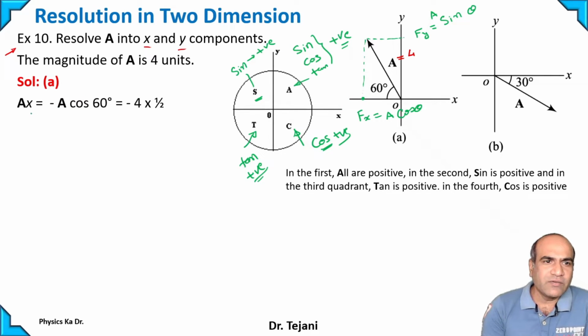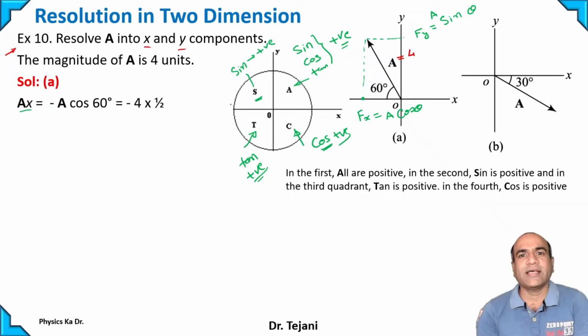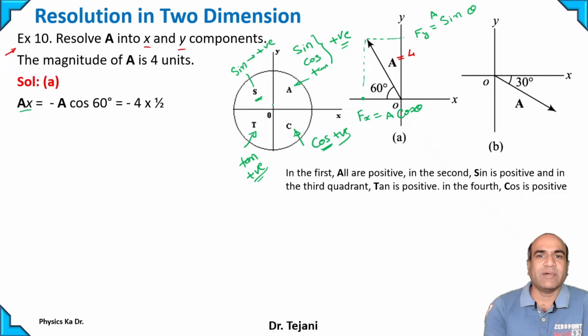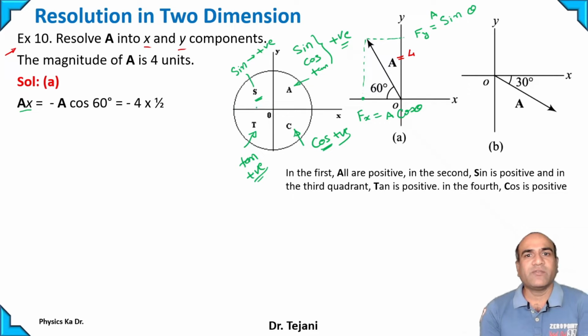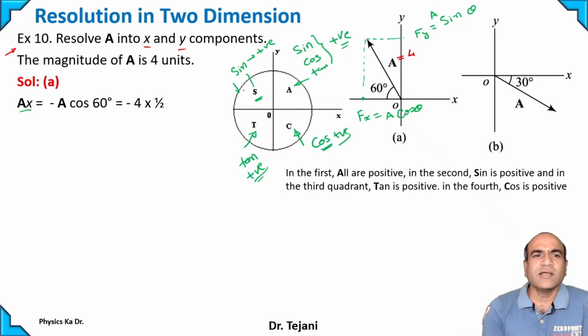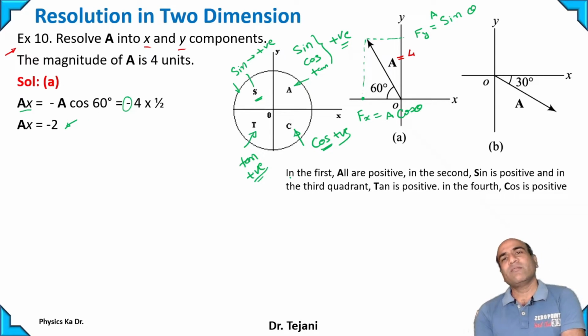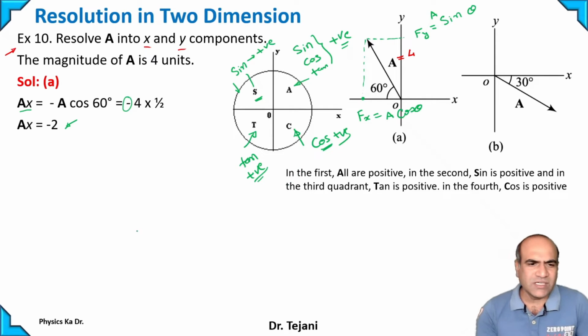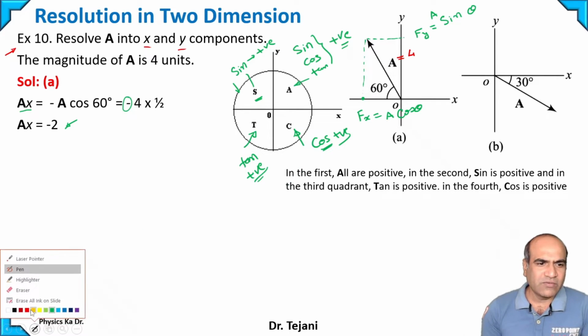So here in the first case, Ax uses the angle 180 minus 60. Therefore, it falls in the second quadrant, where cos is negative, so the answer is negative. Ax becomes minus 2. We can also judge that the direction is opposite, so the answer is negative.